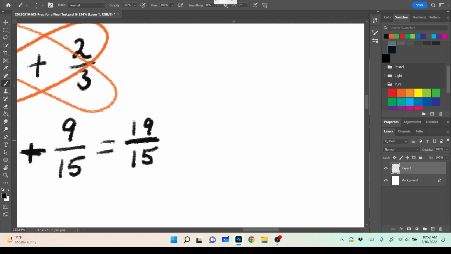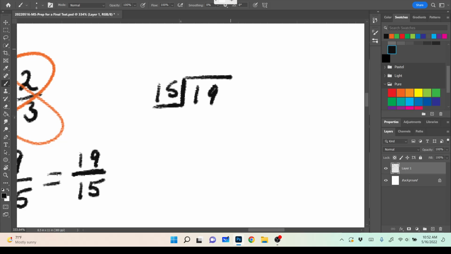That's true, but how do we get there? We are dividing. Which one's going to go in the house, the 15 or the 19? The 19 is going to go in the house. How many times does 15 go into 19? Once. 1 times 15 is, of course, 15.